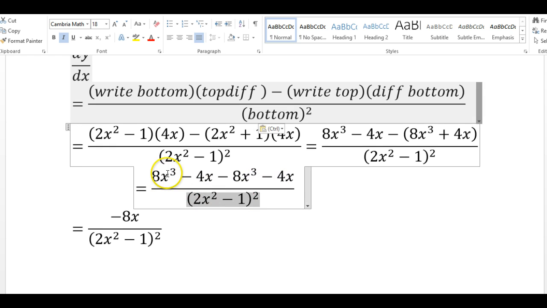And then the 8x cubed will cancel off with the negative 8x cubed, so this will be gone. In the end you have negative 4x and negative 4x, which is negative 8x, divided by 2x squared minus 1 squared.